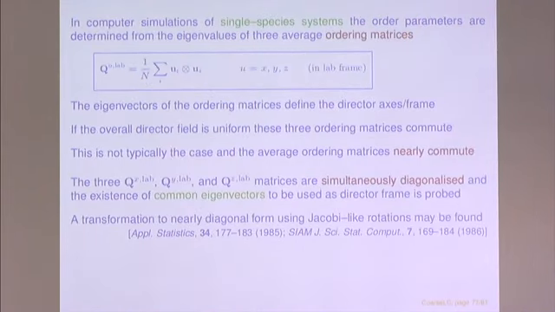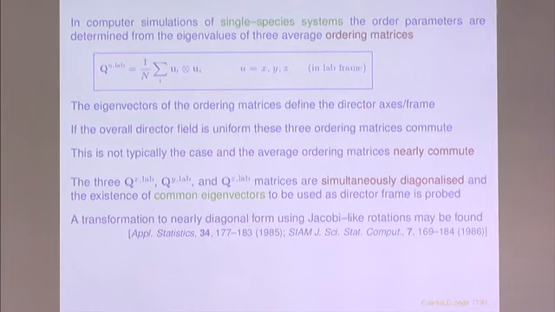So how does one do the computation of order parameters in pure systems? Well, in pure systems, one has 3 ordering matrices, 1 for each of the molecular axes, and they can be computed summing up the contributions of all the molecules in the sample.